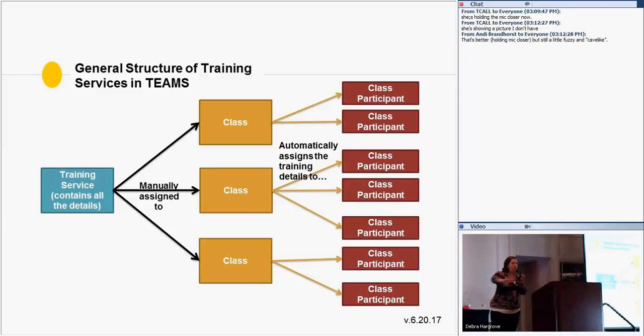So just walking through left to right, and I'm probably going to refer back to this diagram a couple of times. Think of every training service as a unique entity. And when I say every training service, I don't mean every possible one, like welding training, CNA training, medical assistant training.